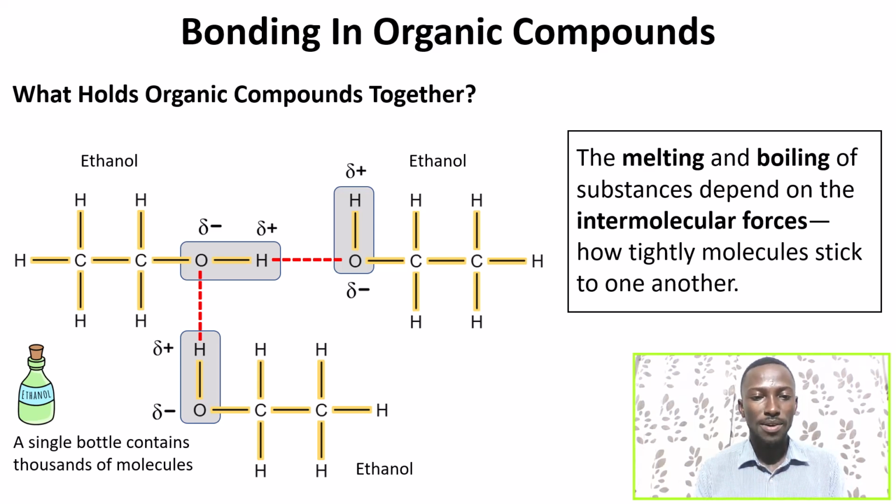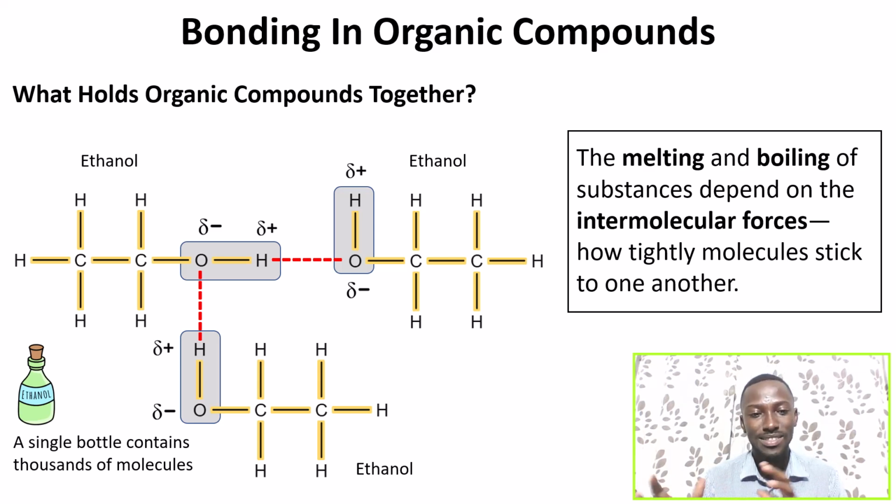So here's the point. The melting and boiling point of these kinds of molecules depends solely on the intermolecular force, not on the intramolecular force, because that is not broken. So a stronger intermolecular force will mean that the boiling point will be higher. Some extended families have stronger intermolecular forces than others.